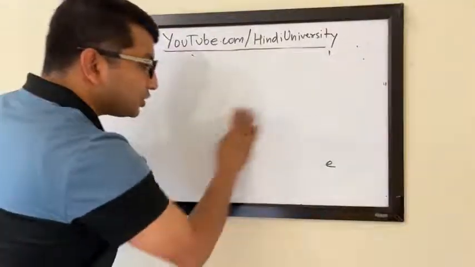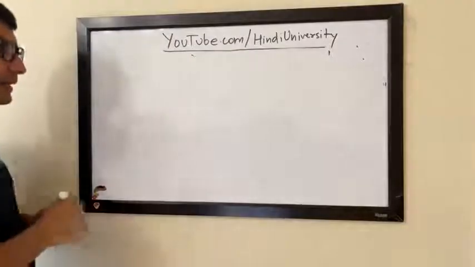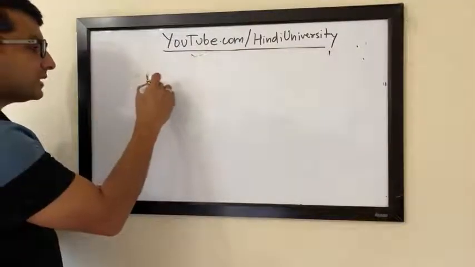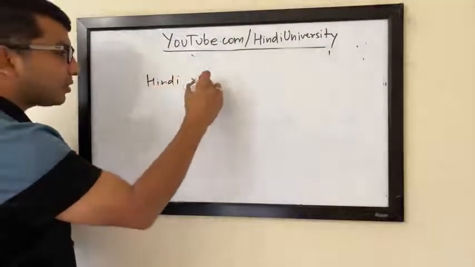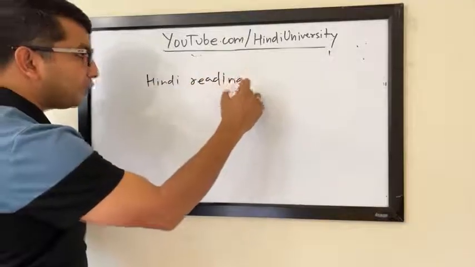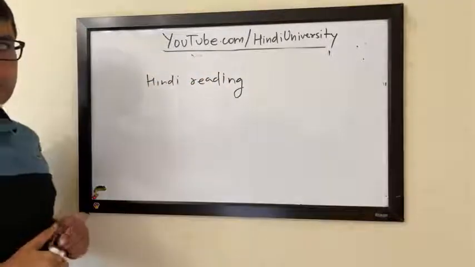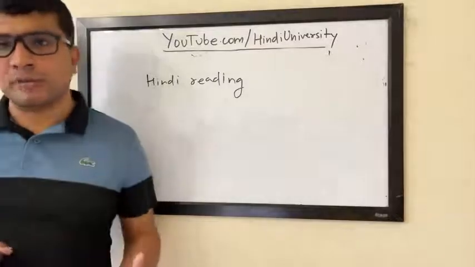Okay, so as you know, in parallel we are doing Hindi reading as well, which is basically I am reading a short story and you all are trying to grasp as much as possible and trying to make sense of it.